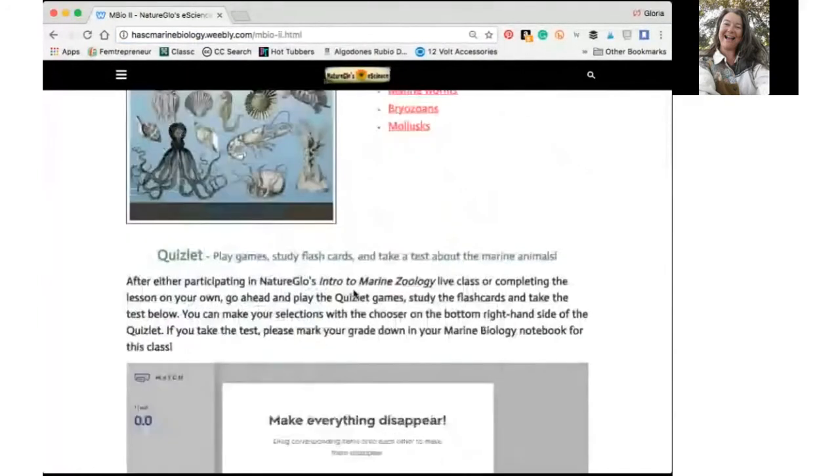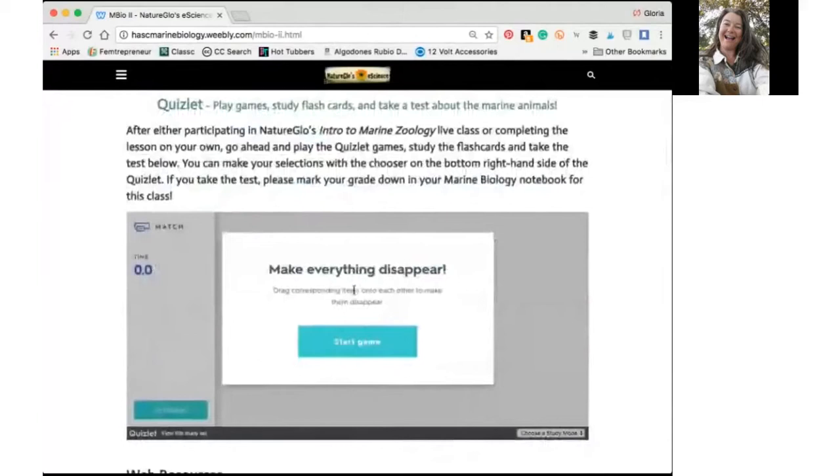Here we have Quizlet. Anyone heard of Quizlet before? This is really great. It's a free app. You can sign up, and students can study, play games, do flashcards, and take a free automated test that's graded automatically. So I put in the questions.